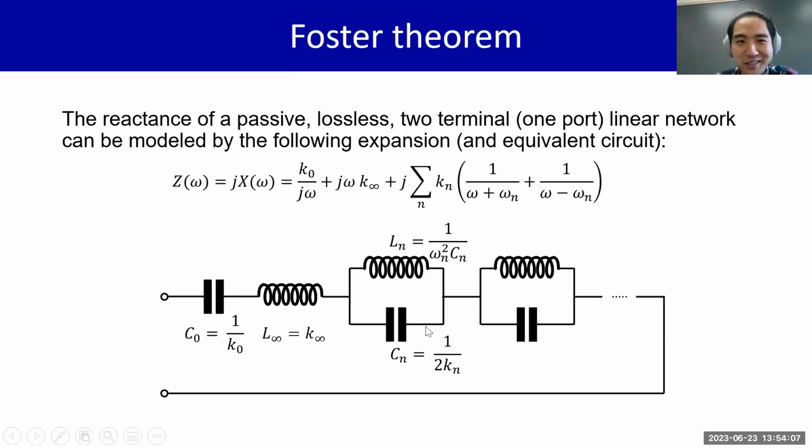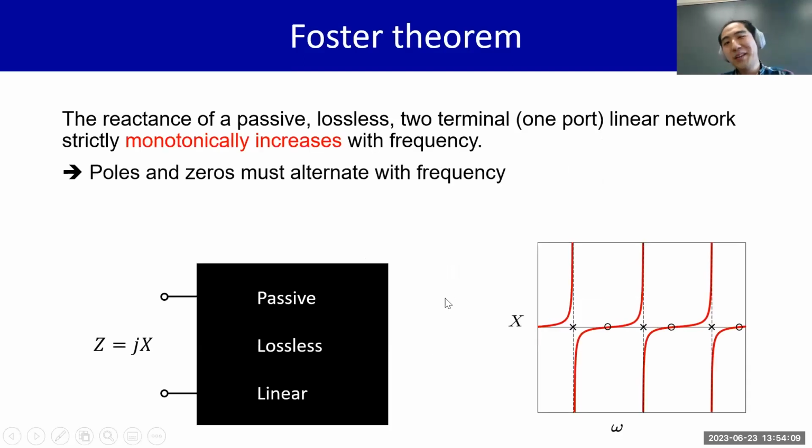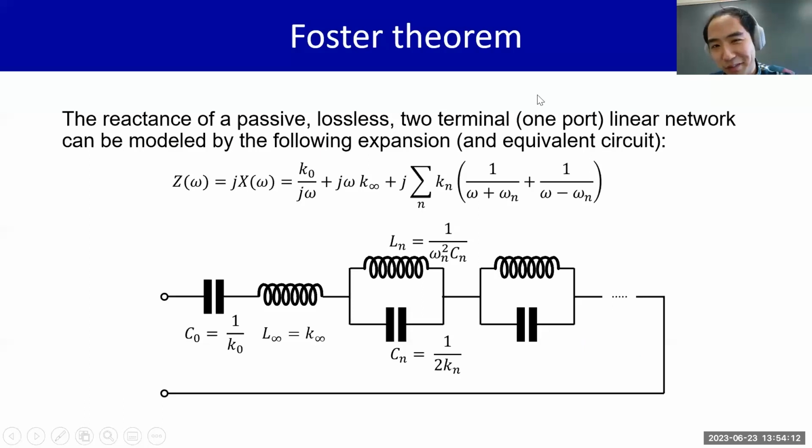So I think the exact formulation of Foster's theorem is not really of interest. What we usually want from it is the Foster decomposition, which is the equivalent circuit of any passive lossless one-port linear network. Each LC oscillator captures a pole in the response function that looks like this. And there's this capacitance that captures the pole at 0.